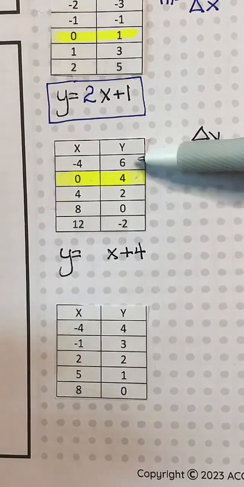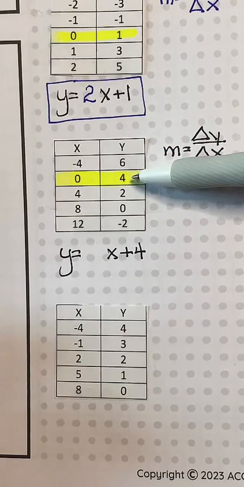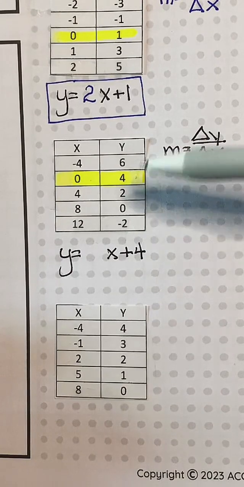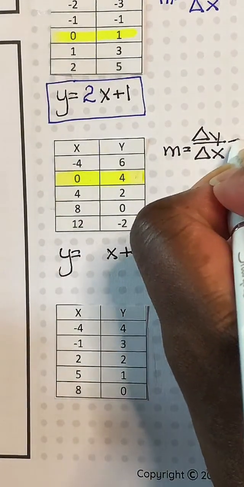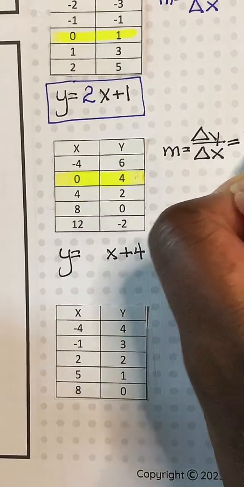So if we're going down 2. We start at 6, then we go to 4, then we go to 2, then to 0, then -2. So your y's are going down. If they're going down, that's going to be negative.